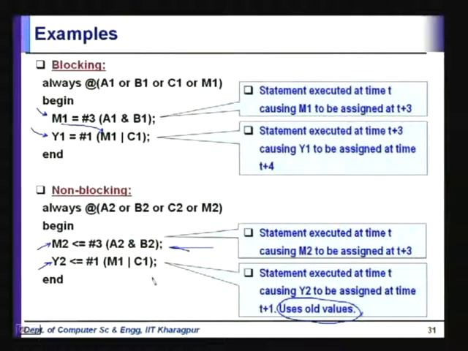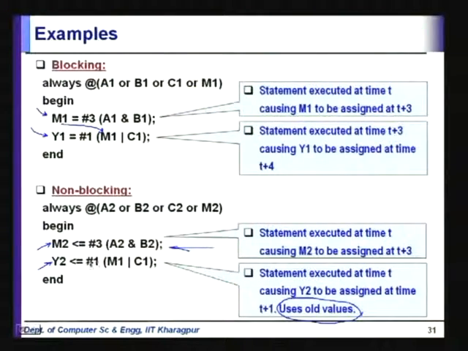What if there is a hash 4 in the second non-blocking assignment? In the second non-blocking assignment, if there is a hash 4, then this one will first complete and then it will use that value here. Isn't it scheduled at time t only, the Y2 assignment?